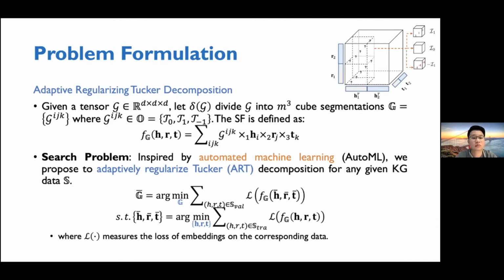Furthermore, inspired by the automated machine learning technique, AutoML, we propose to adaptively regularize the Tucker decomposition for any given KG data. That is because different KGs have various properties, so we need to search for a suitable regularized core tensor to capture them. Thus, we form our problem into a search problem. The search problem has two levels: the low level is to optimize the KG embeddings, while the up level is to search for a suitable core tensor.